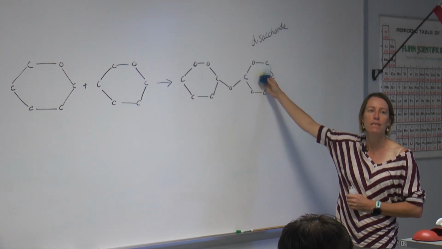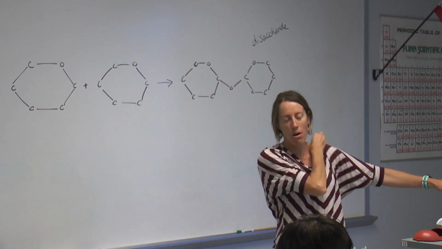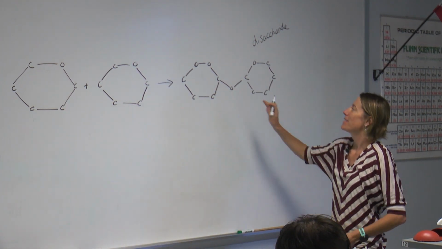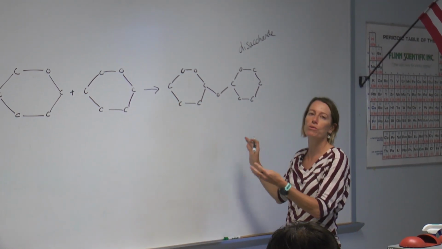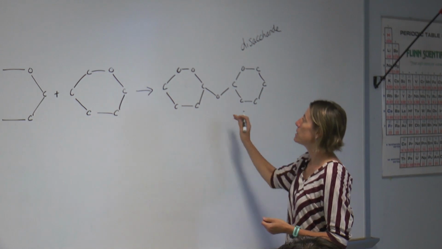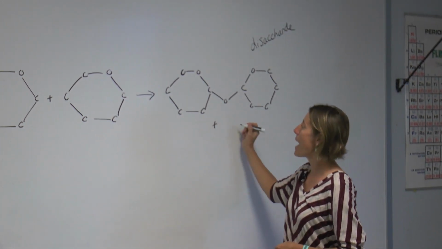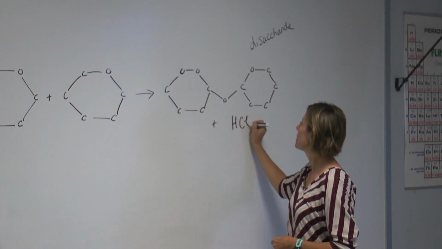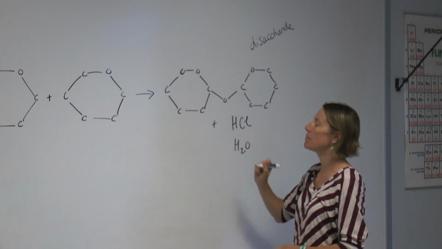Okay, make sense? All right, let's do another step. There's more. All right, got my disaccharide. Maltose, sucrose, whatever it is, it's a disaccharide. This one is maltose. I'm going to add in some acid, like your stomach. I'm going to add in some water, like your stomach.